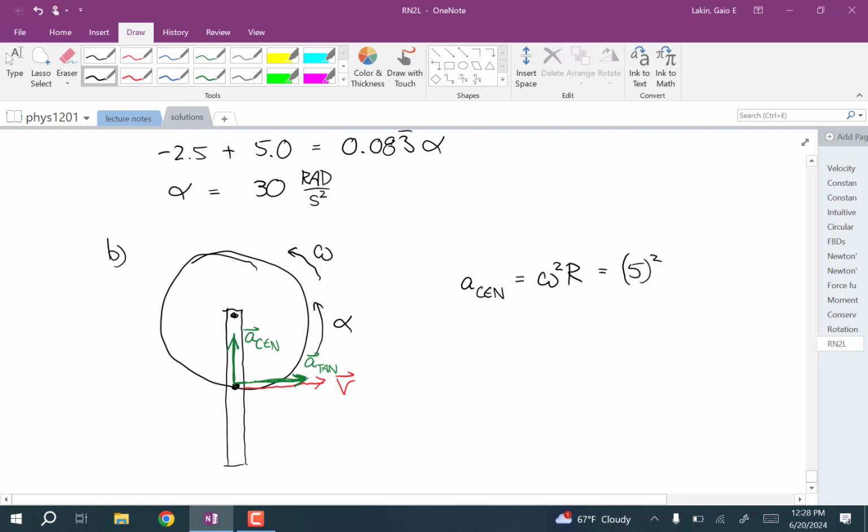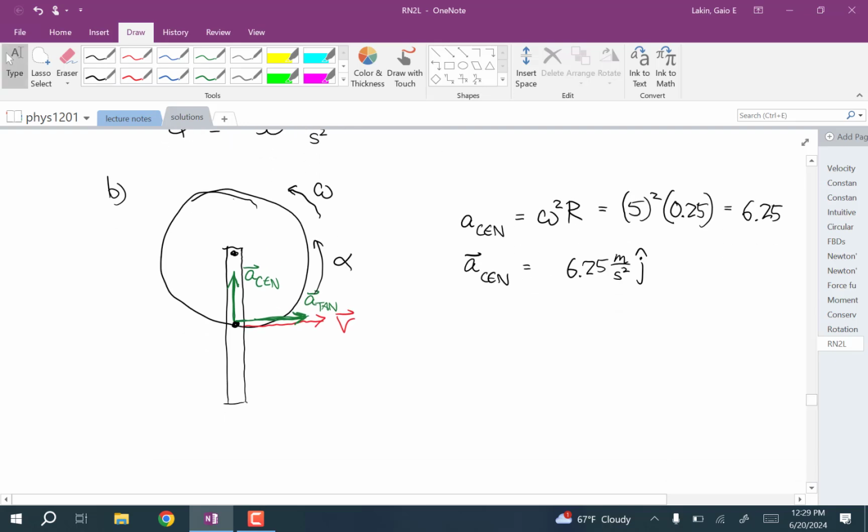It's only half of the length because we're at the center. So this is times 0.25. And so we get a magnitude of the centripetal acceleration of 6.25 meters per second squared. We can see that's in the positive j direction. So the centripetal acceleration vector is 6.25 meters per second squared in the positive j.